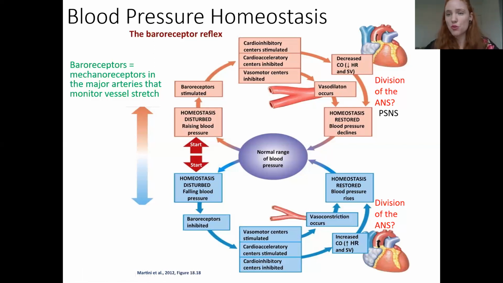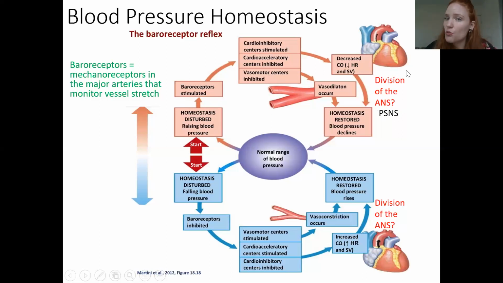So let's go through real quick the 5 components. The stimulus would be the increase in blood pressure. The receptor would be the baroreceptor, because it's what senses the change. The control center would be the brain. The efferent pathway would be the parasympathetic nervous system.